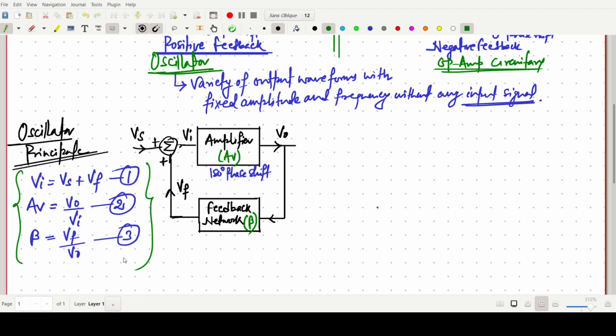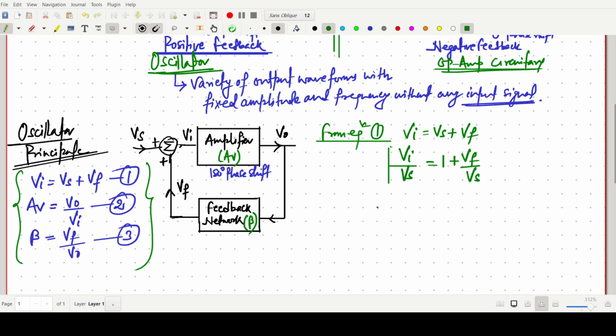First of all, from equation 1 we can write Vi equals Vs plus Vf. If we divide this by Vs, one can write Vi by Vs equals 1 plus Vf by Vs. Clear?